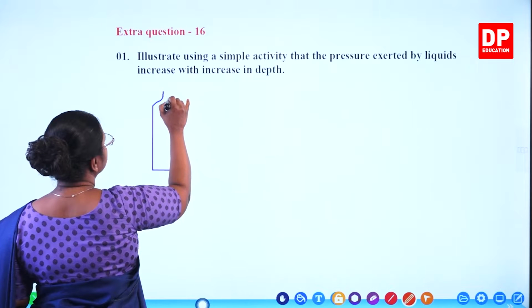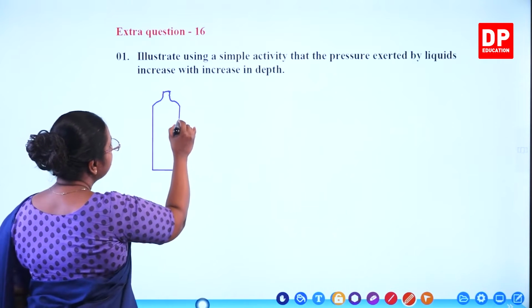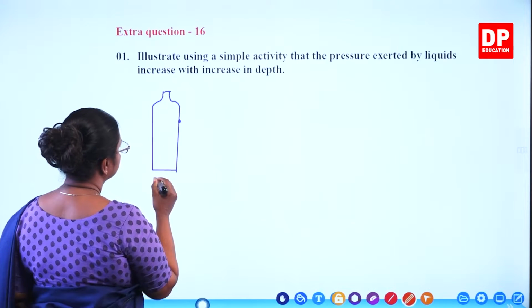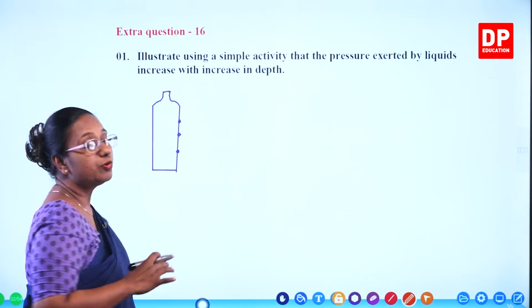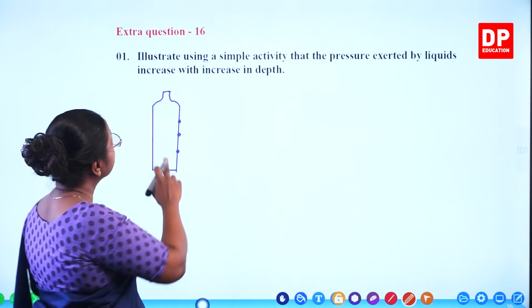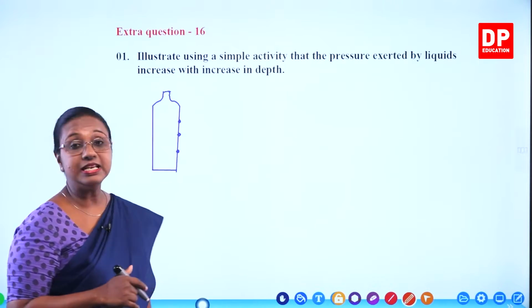So here, if we have a plastic bottle like that and we make holes at almost equal intervals along the same line, it shows that pressure increases with increase in depth.